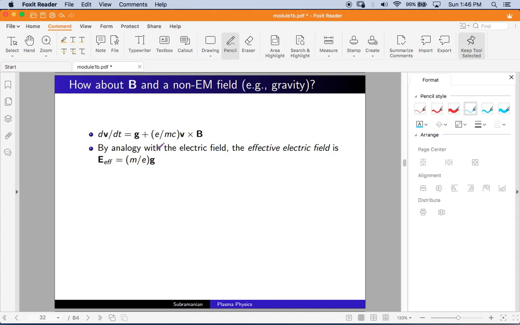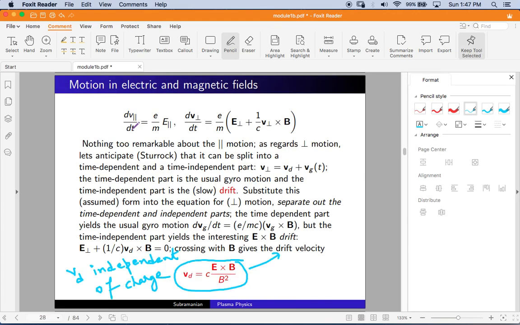I cannot explain this too well. I mean, this is how I think. You really have to convince yourself that if you wanted to write this as a charge times E effective, then this would be what E effective is. This is E here. Then instead of this E, I have another kind of E effective.